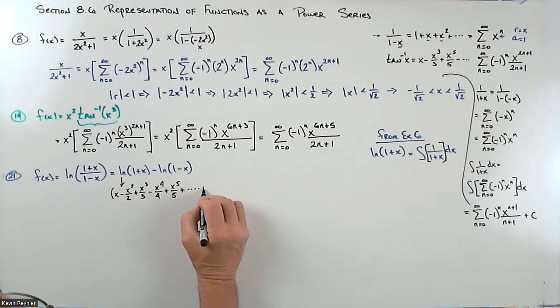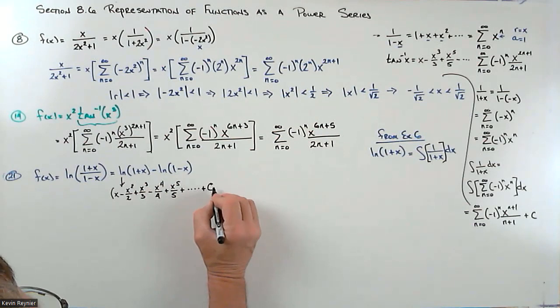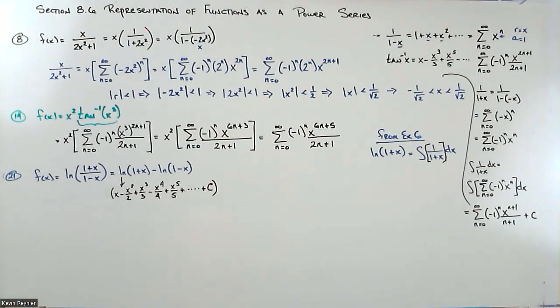Plus our c, right? Our c that we got over there by integrating. Now, if we try to write that down, let's get the c out of the way first.